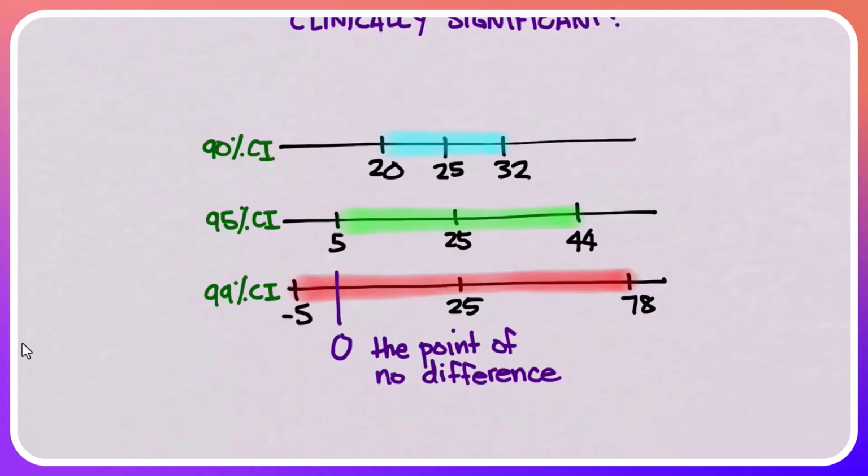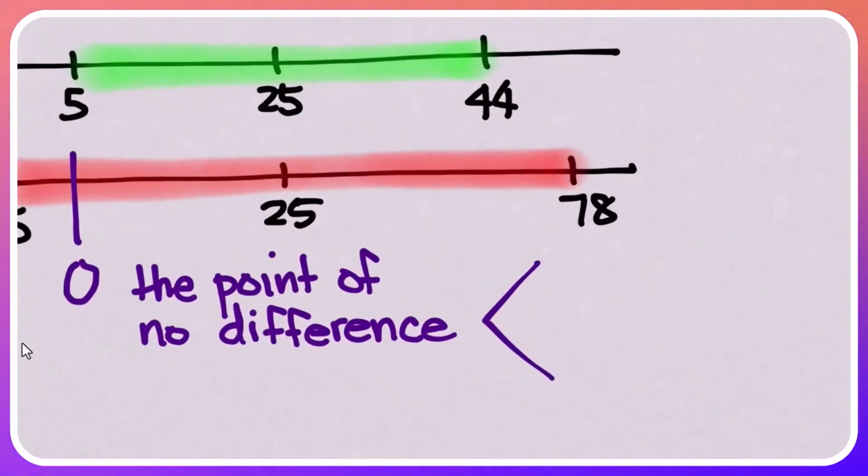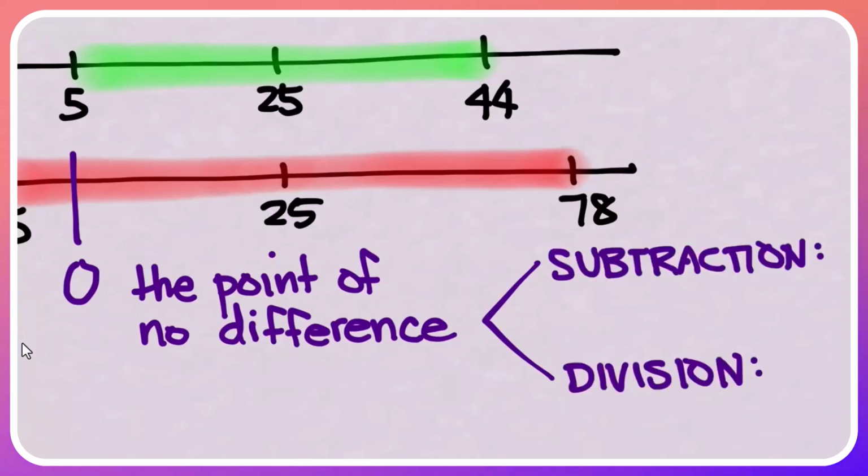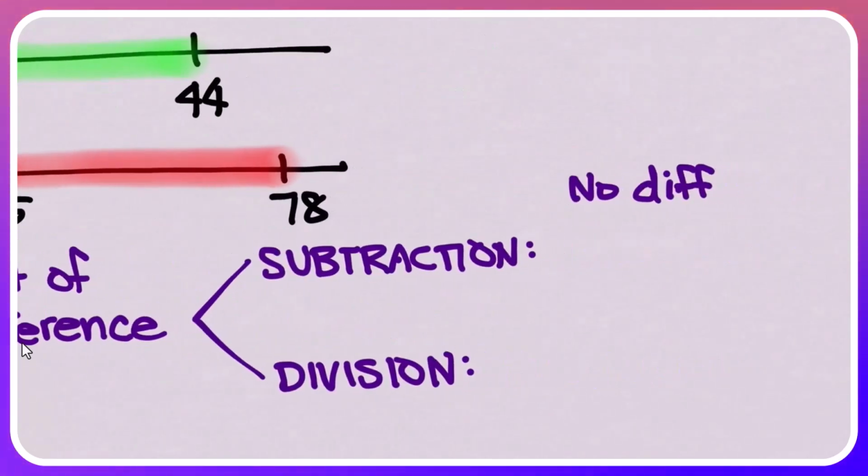So let's talk about this point of no difference a little bit more. When you're comparing things, you're going to look at two different methods, subtraction and division. When you subtract two things that are the same, the same minus the same, you get 0. That's when there's no difference. When you divide two things that are the same, the same thing divided by the same thing, you get 1.